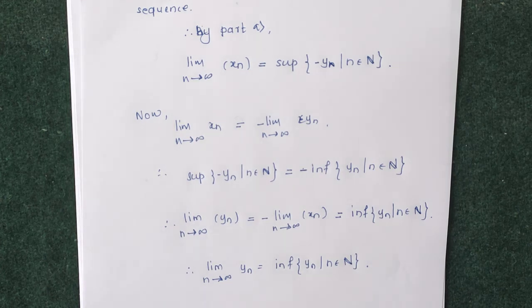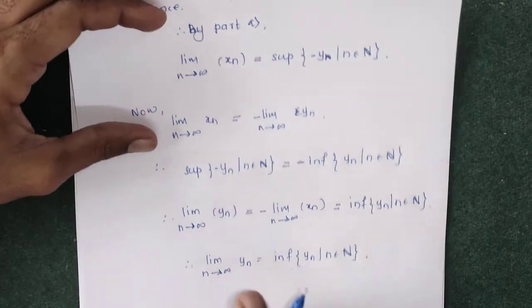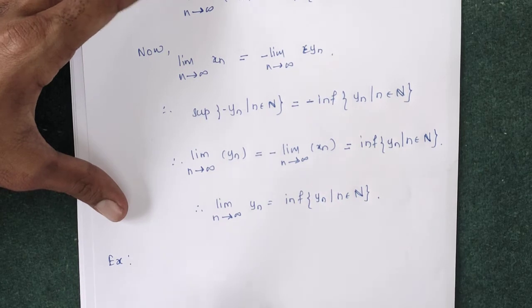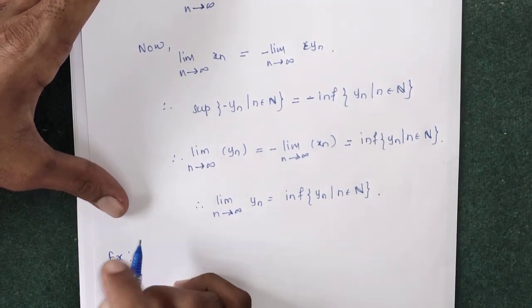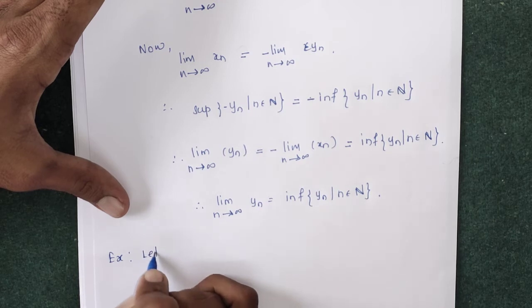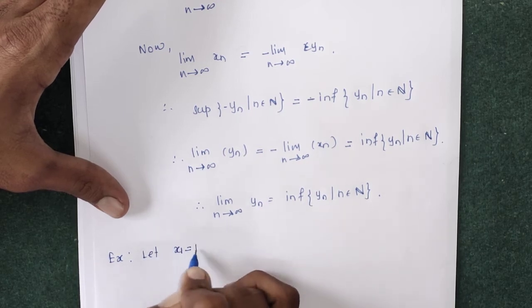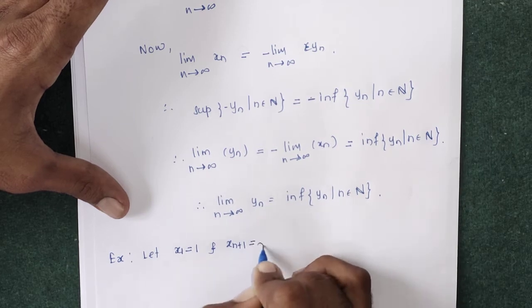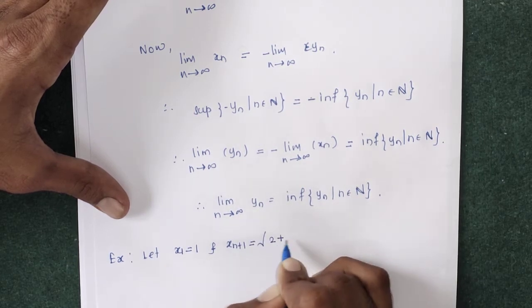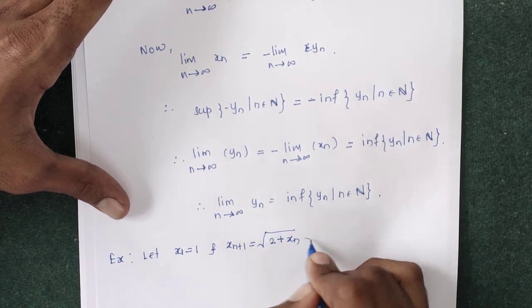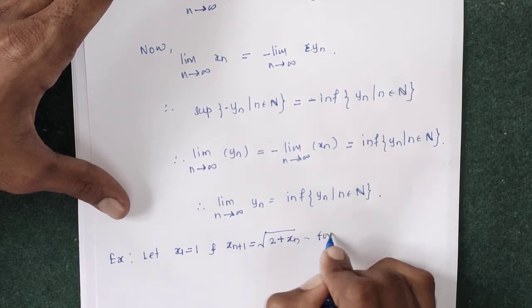Now, we will discuss one example on this. So the example is, using this theorem we can find the limit. The first example is, let x1 is equal to 1 and xn plus 1 is equal to square root of 2 plus xn, for n belongs to natural numbers.